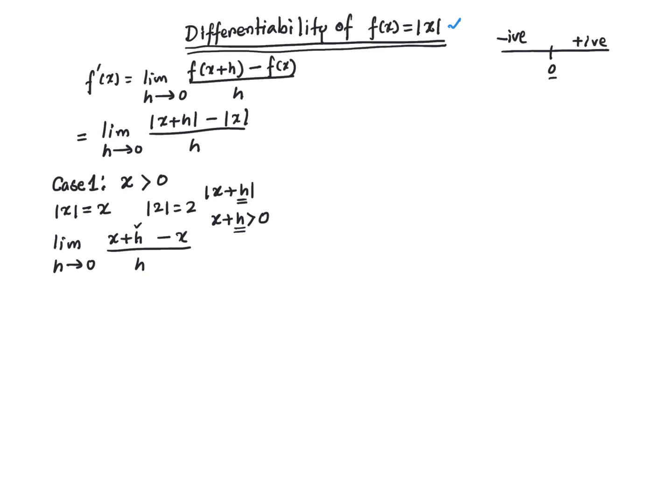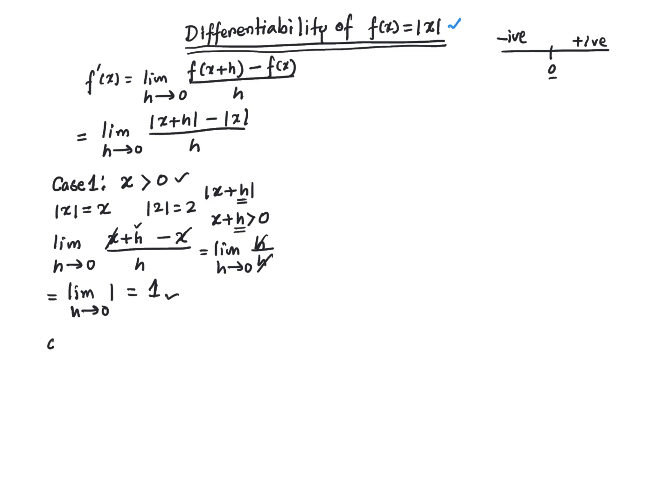If we simplify, x cancels out, leaving h over h, which is the limit as h approaches 0 of 1. So if x is positive, the derivative of the absolute value of x is just 1.